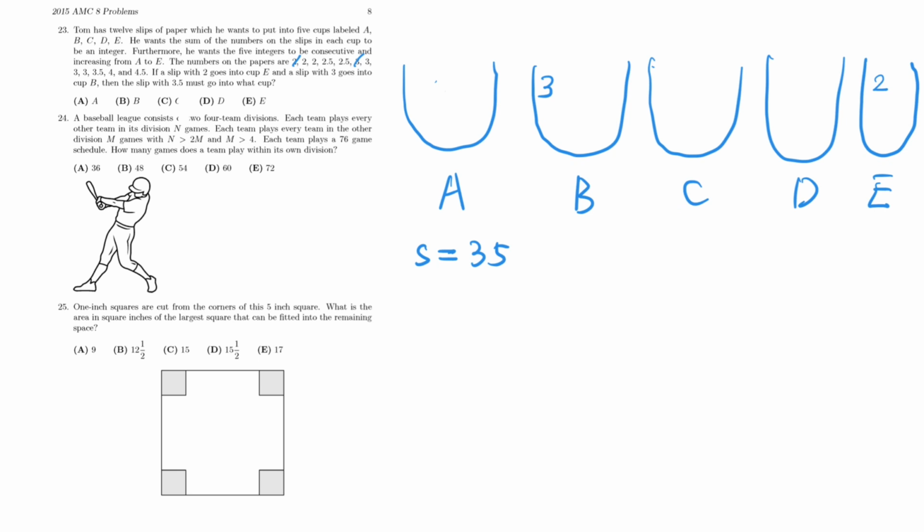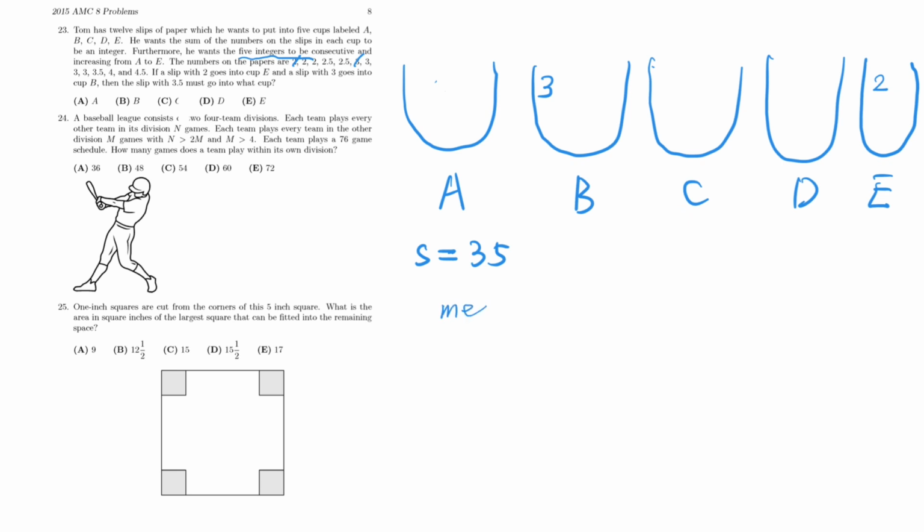They told us he wants the 5 integers to be consecutive and increasing from A to E. So the sum of the integers in every cup is an integer, the sum of them equals 35, and they are consecutive.